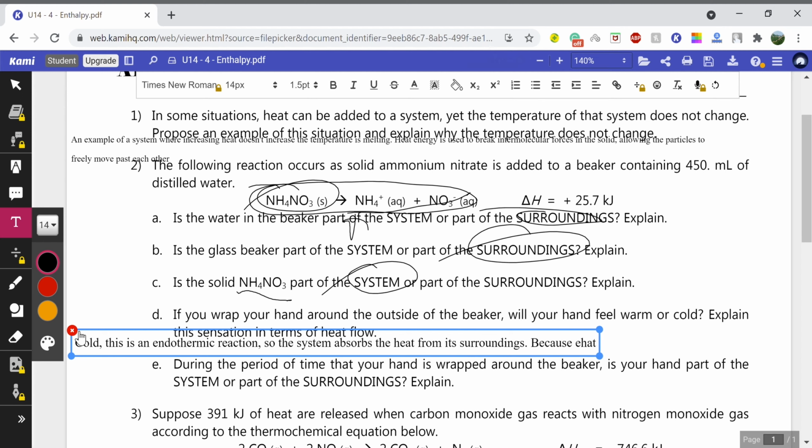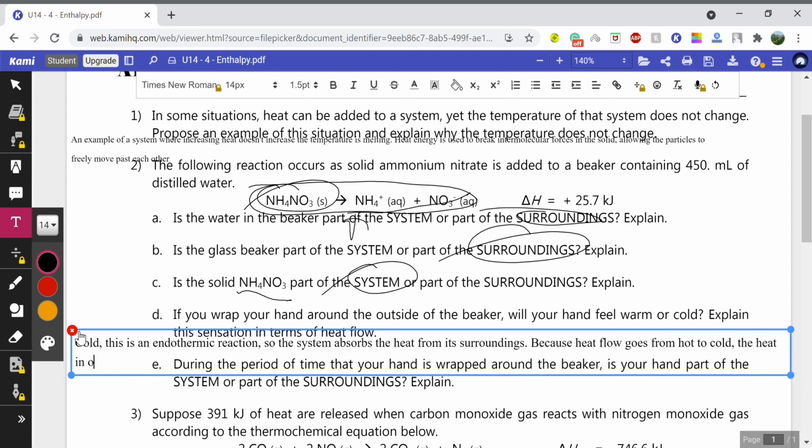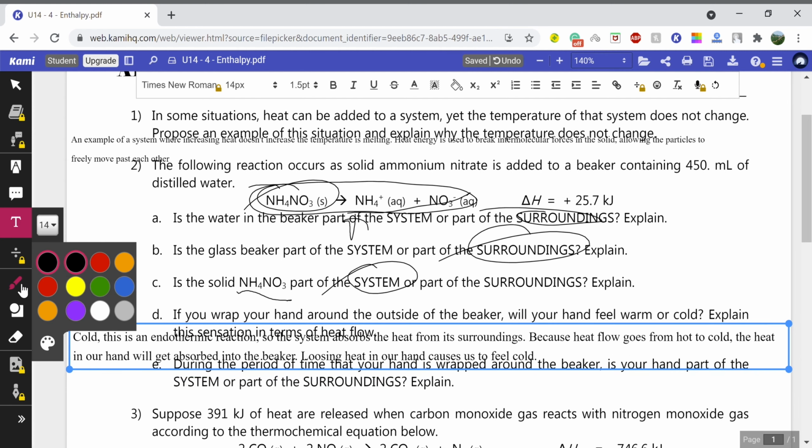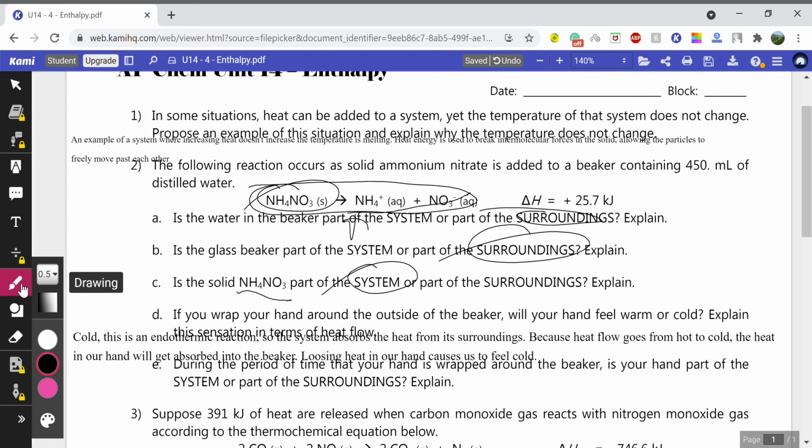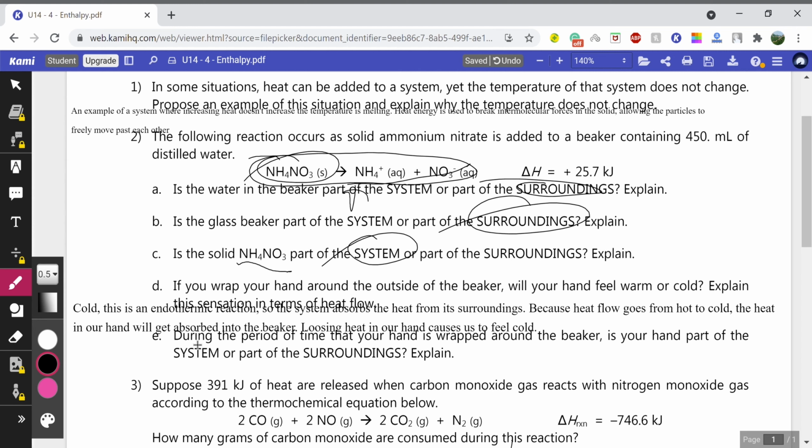Because heat flow goes from hot to cold, the heat in our hand will get absorbed into the beaker. Losing heat in our hand causes us to feel cold. Basically, the heat in your hand is flowing into the system, which is inside the beaker.